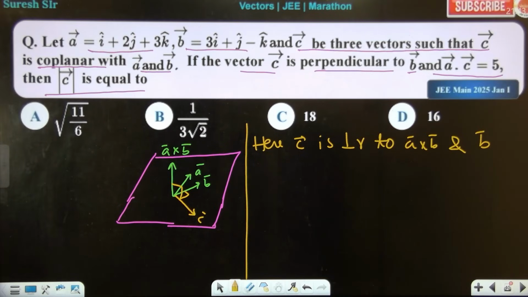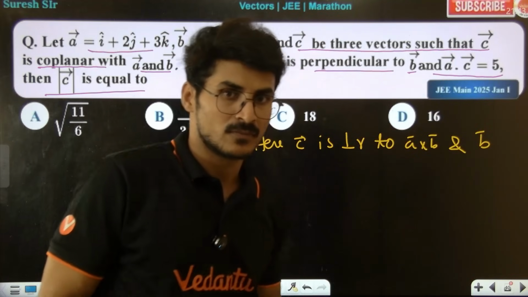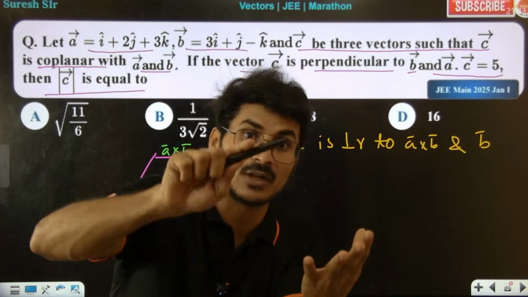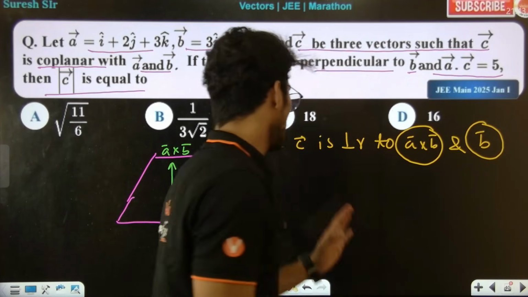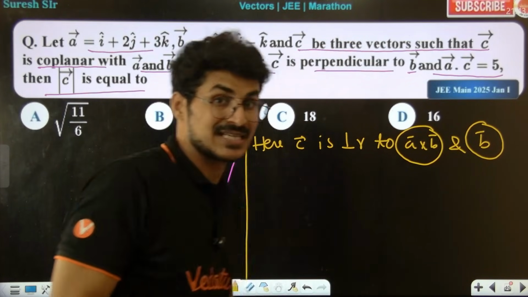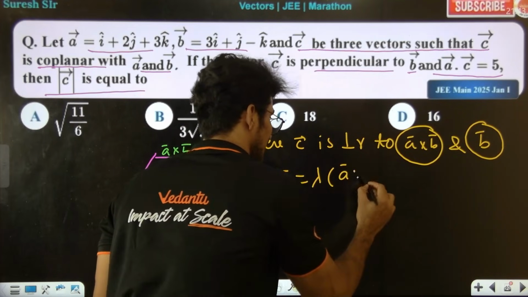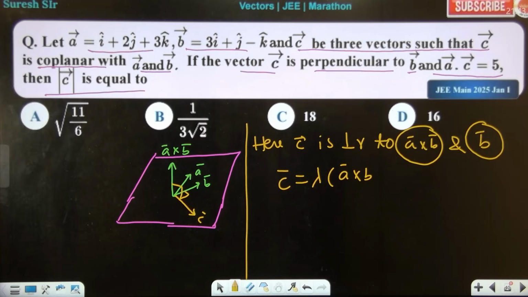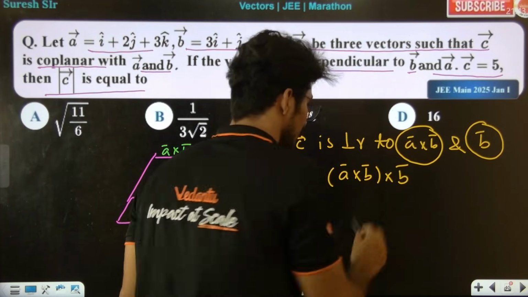That's what I told. Suppose one vector is perpendicular to the other two vectors. What I am saying, you heard it right? One vector is perpendicular to the remaining two vectors. So C is perpendicular to these two vectors. Then we can always write it like this: lambda times of A cross B. When, sir?